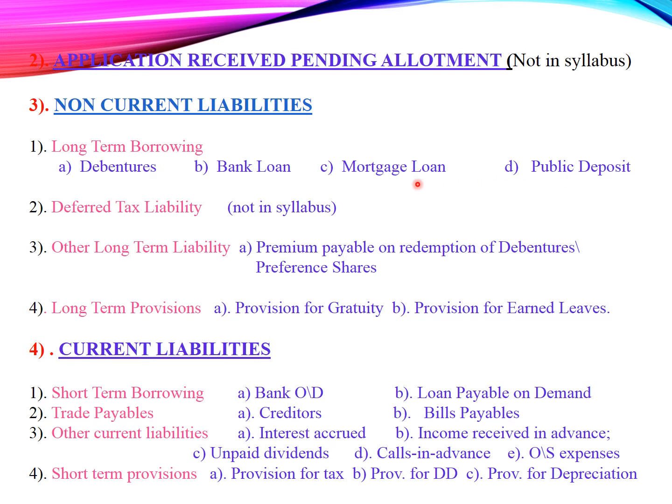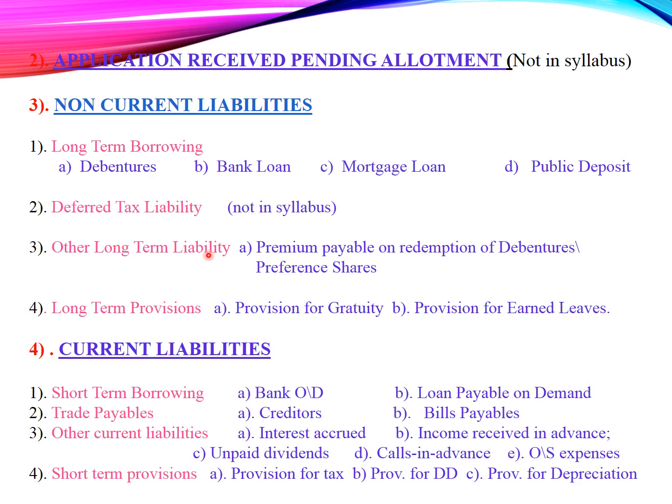Second item is deferred tax liability. This is not to be treated for syllabus. Next, third heading is other long-term liabilities. So all the liabilities other than point 1 and point 2 which are for a longer period, like premium payable on redemption of debentures or preference shares.